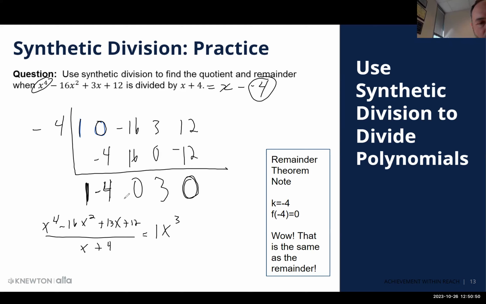I've got a -4x squared, going down 1 power, plus 0x, 0x, plus 3. And then the remainder is 0, so I don't have to worry about the 0 divided by x plus 4.